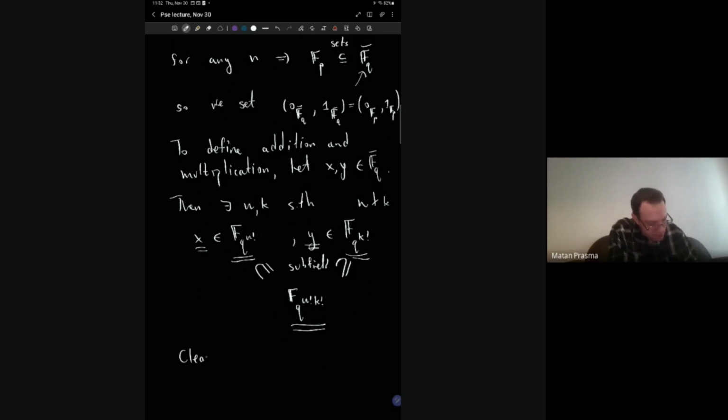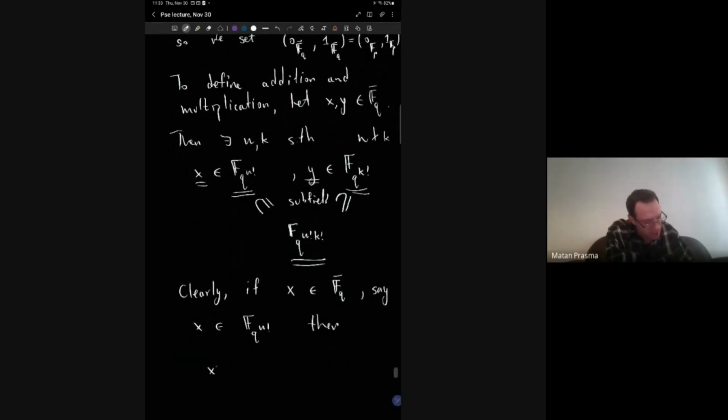Clearly, if x is an element in F_q, let's say x belongs to the piece F_q^{n!}, then x minus 1 and also minus x would also have to belong to the same field, F_q^{n!}.